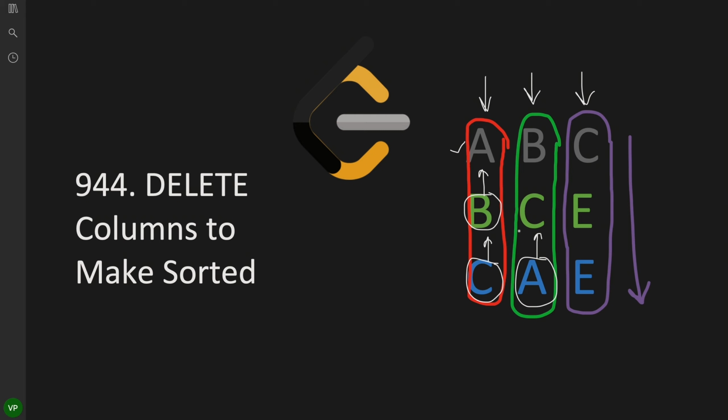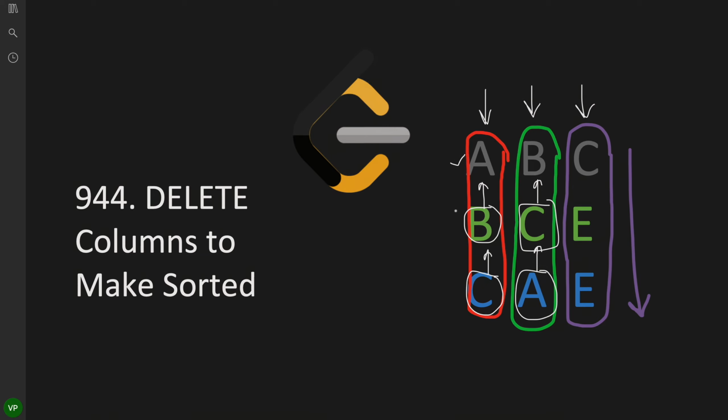We can increase our count by 1 because we can say that yes, this column is not sorted. We need not check further because we already know that this column is not lexicographically sorted. We keep a counter, increment it by 1, and move on to the next column.